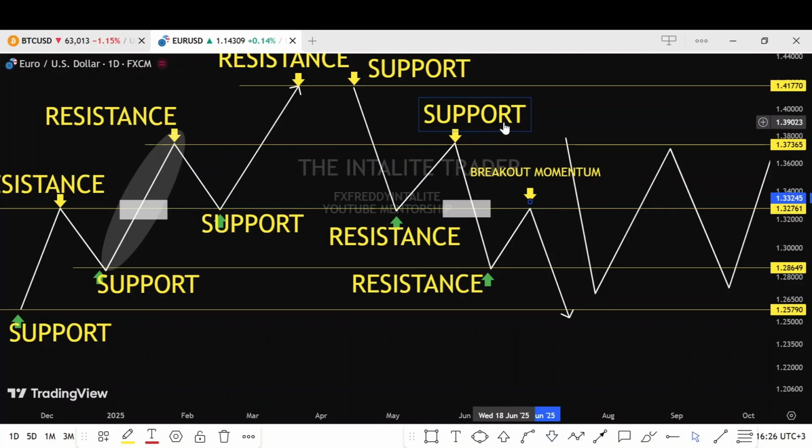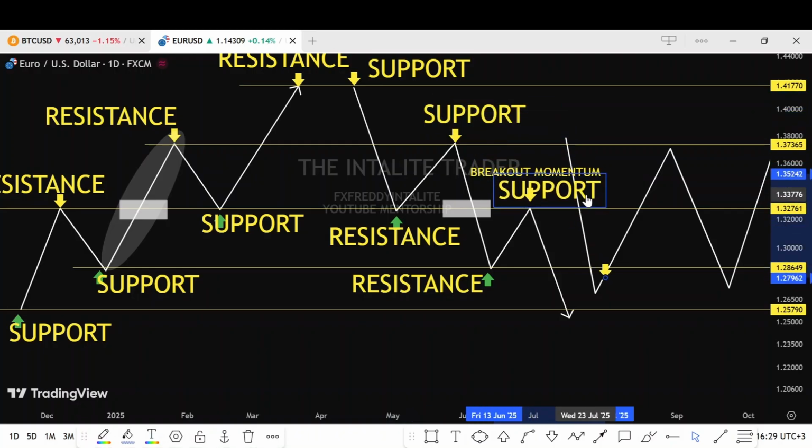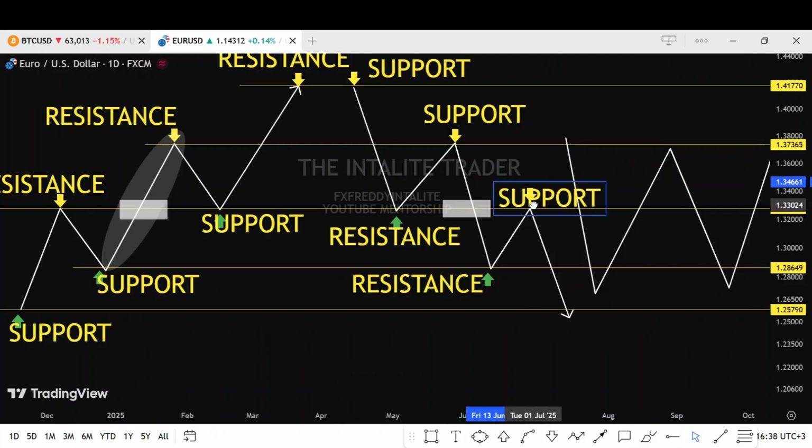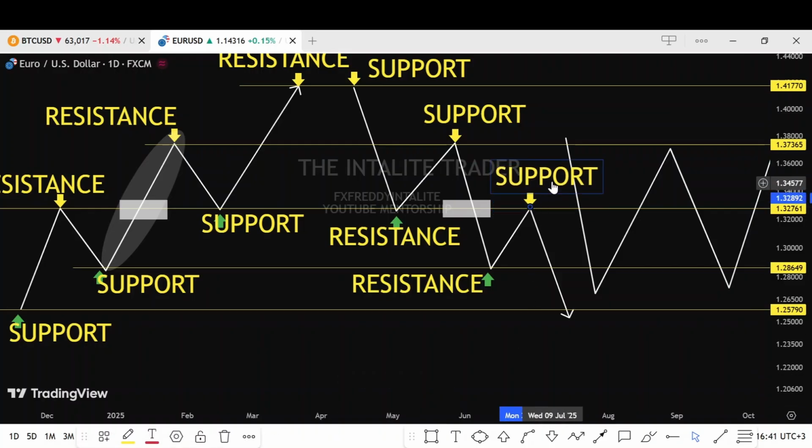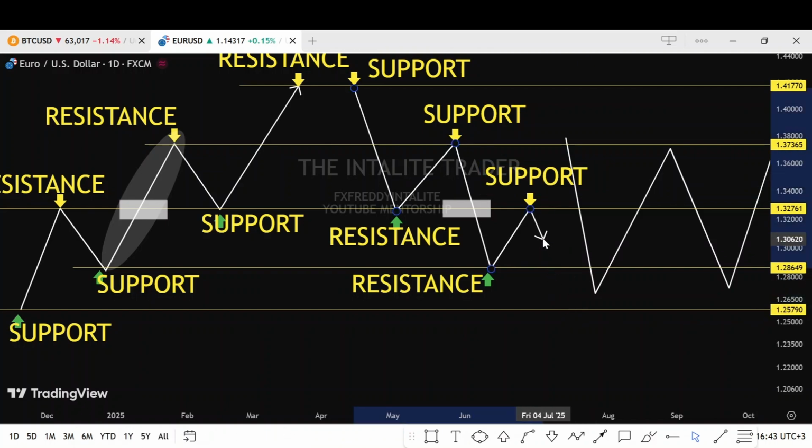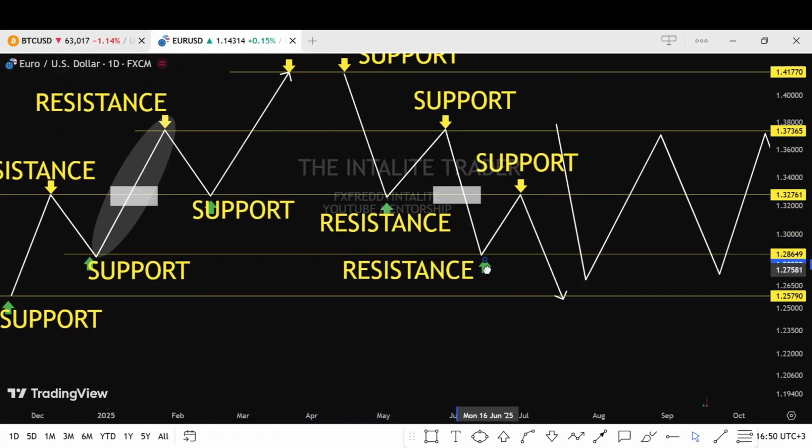So we see again here, price comes and finds this as support. And once it finds that level as support, it continues. It gets momentum to trade from there, this side, where price breaks this resistance and it gives you what we call a breakout momentum.